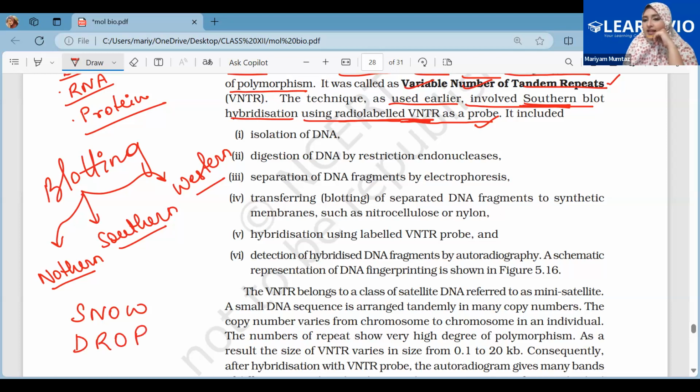You'll write snowdrop like this, and then you'll cross out the O's. Now southern blotting is for DNA, northern blotting is for RNA, and western blotting is for proteins. Clear? This helps me even now. This is my favorite trick ever. It's easy peasy.